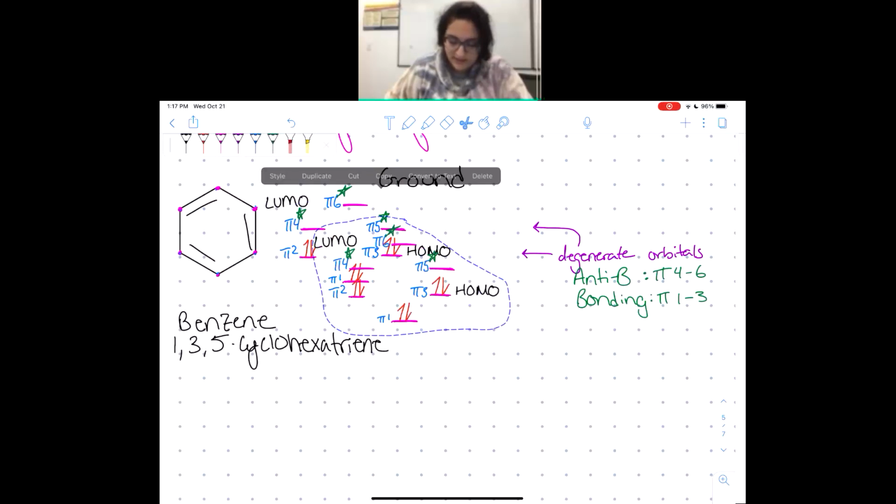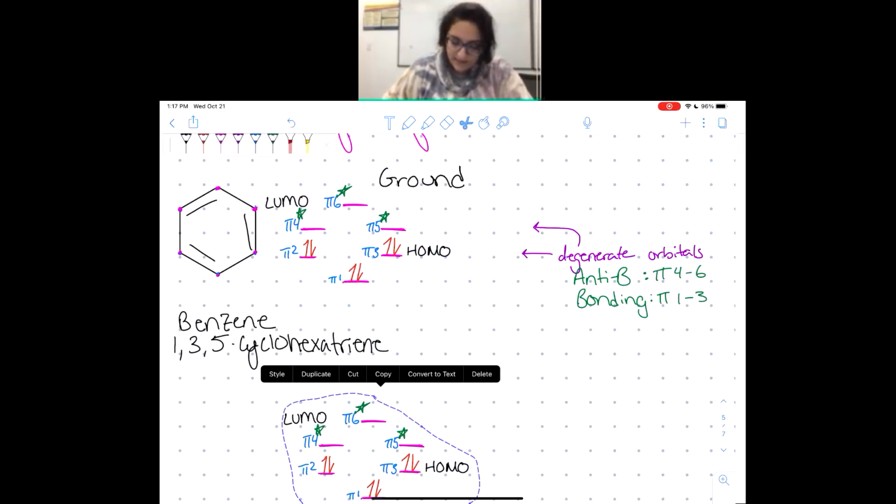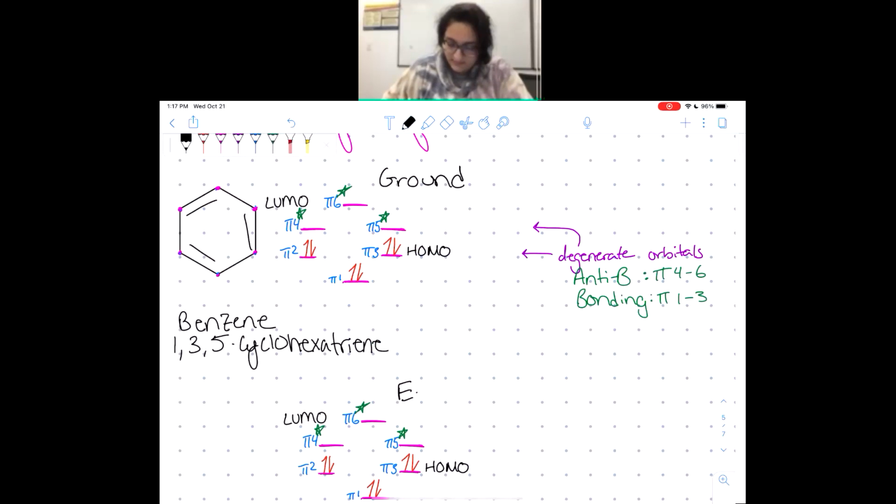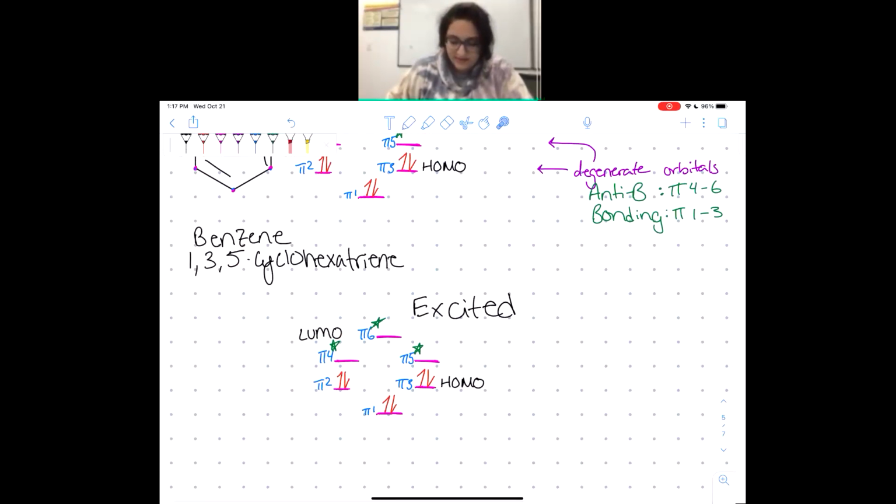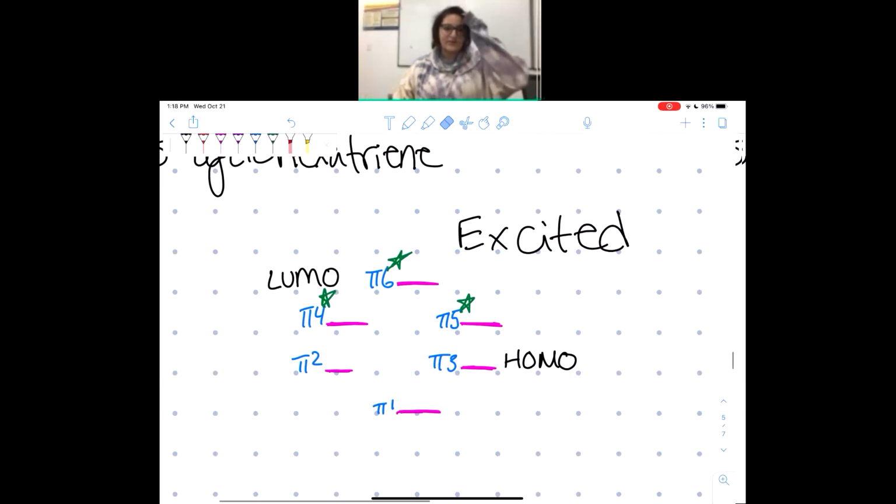So I'm going to go ahead and duplicate this and just do excited. The only thing that's going to change is our electron placement. So I'm going to go ahead and zoom in here. And so we know that the most favorable movement of electrons will be from where to where.